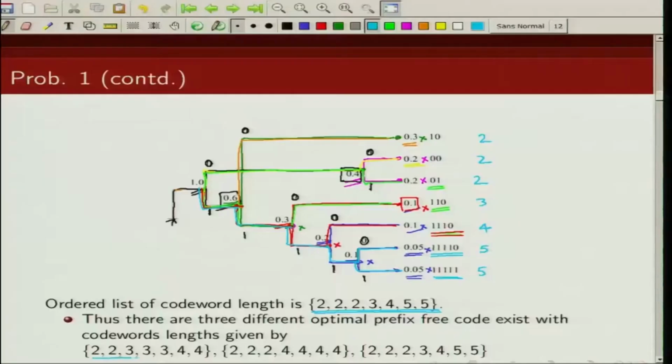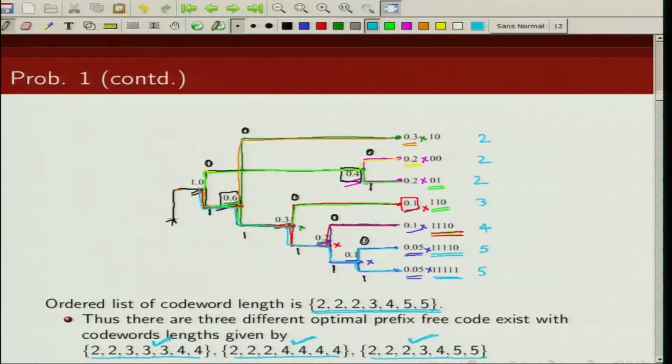So you can see from this example there are fundamentally 3 different ways in which you can have the ordered list of code word lengths. For codes 3.1 and 3.2 we had this particular ordered list, for code 3.3 we had this, and for code 3.4 we had this one.